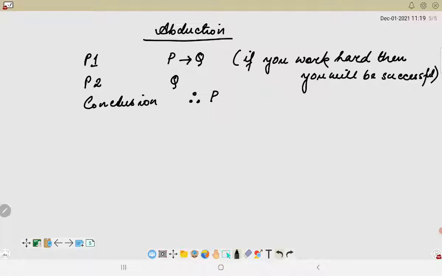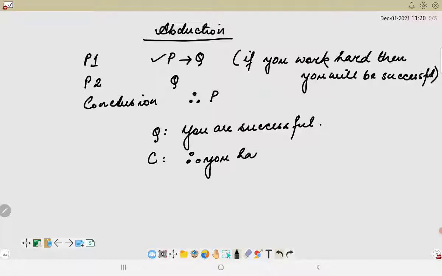So this is the first one, which is P implies Q. The second one, let me write it down here: Q would be you are successful. So what is the conclusion? The conclusion basically says that therefore you have worked hard. Okay, so this is what abduction is all about.